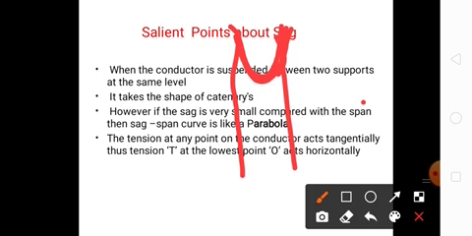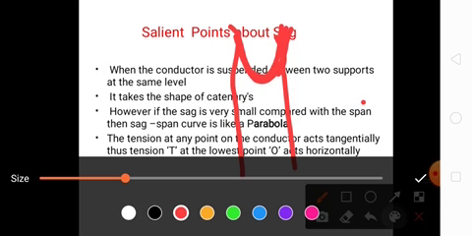The tension at any point on the conductor acts tangentially, thus the tension at the lowest point acts horizontally. Here the tension acts tangentially, that is at point O it acts as T naught.